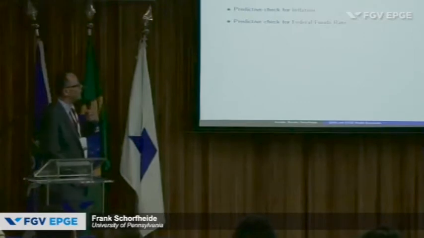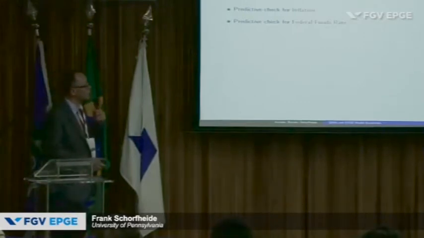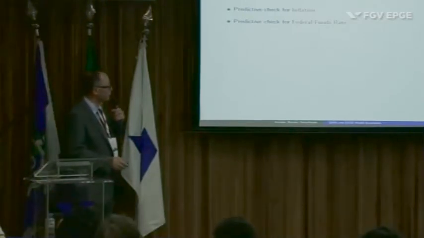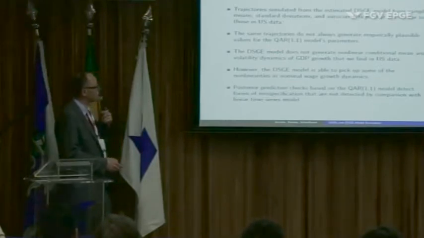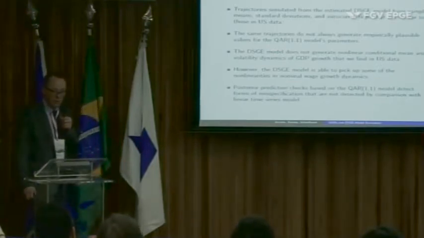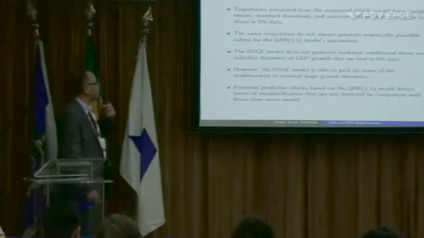So in the paper we have these predictive checks for inflation and for the federal funds rate as well. But let me just wrap up in the remaining minute or so.